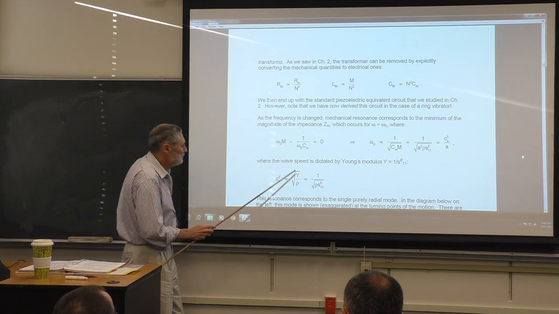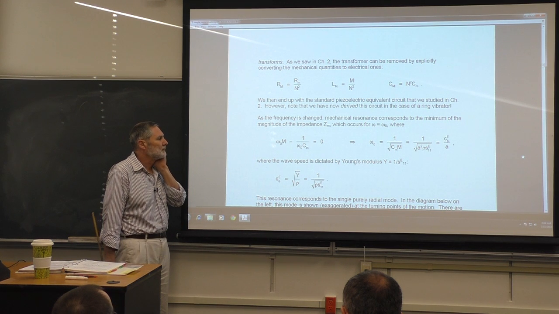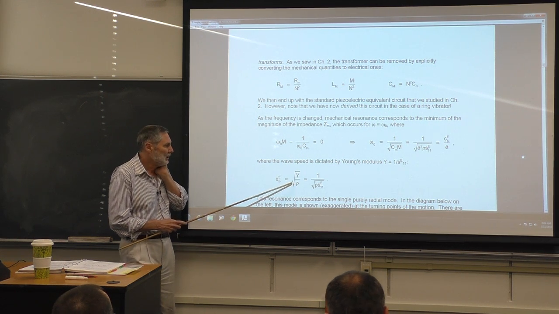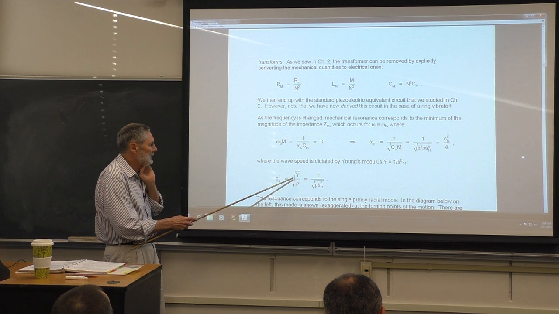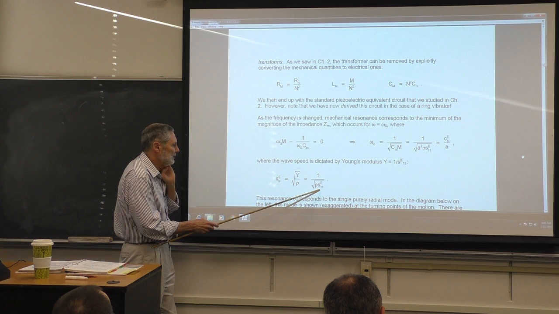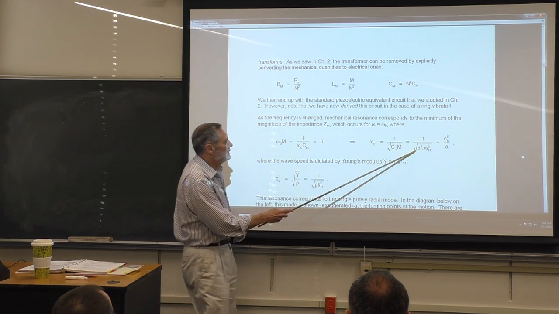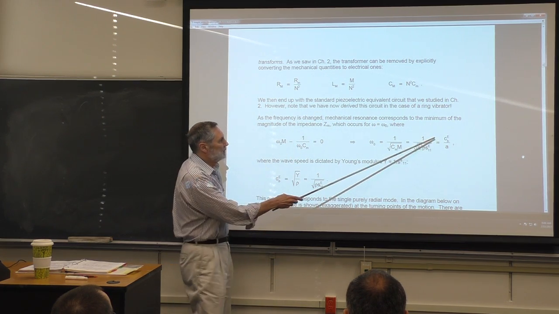So the relevant speed here, remember, it's always the square root of the stiffness divided by the inertia. And in this case, the stiffness is Young's modulus, and the inertia is the density. The Young's modulus is just 1 over this entry in the compliance matrix here. So we can write this expression for the resonant frequency very simply in terms of the speed.